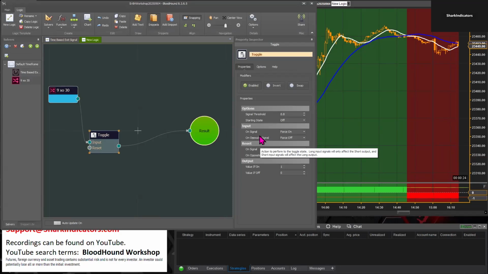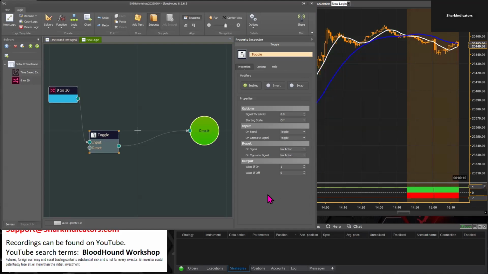Now, showing some of the other modes, we could put this in toggle mode, like so. Now when a signal comes in, and the on opposite, it's just going to toggle the node on and off.